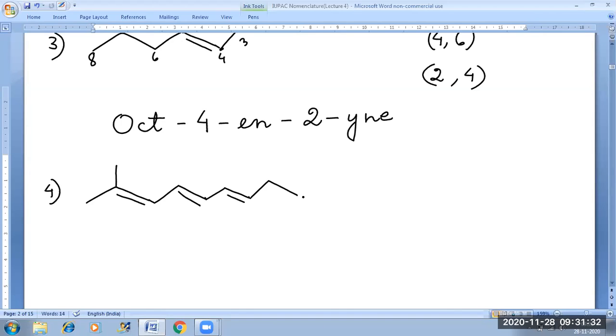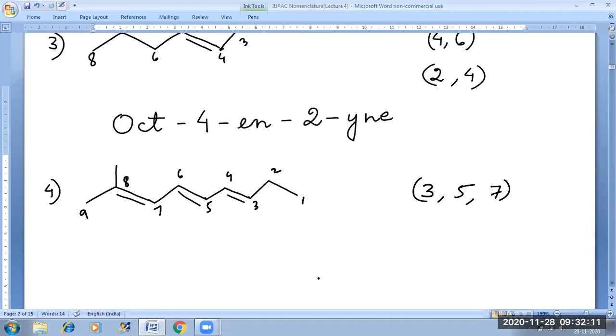If I go from this end, the positions will be 3, 5, 7.